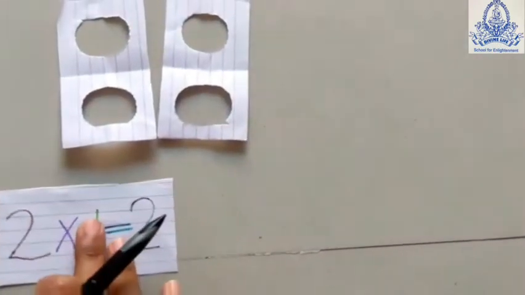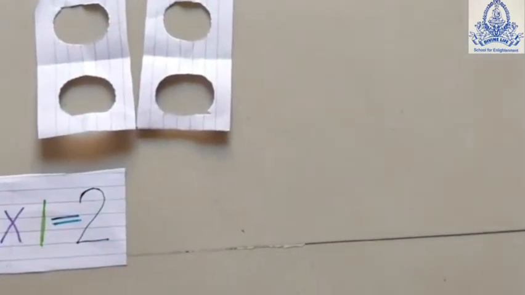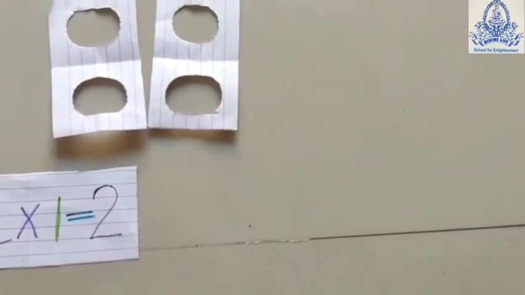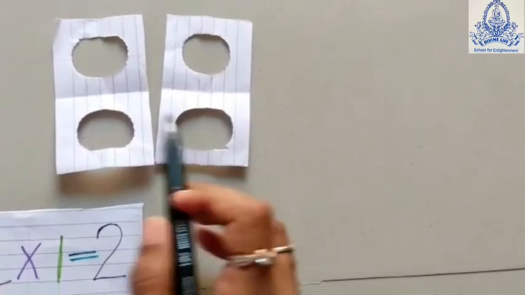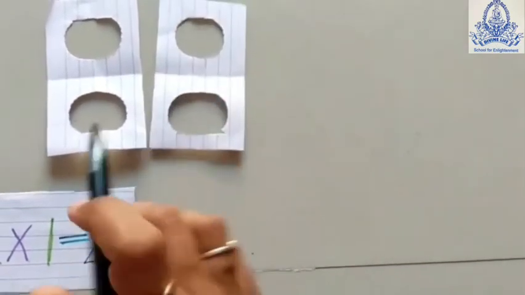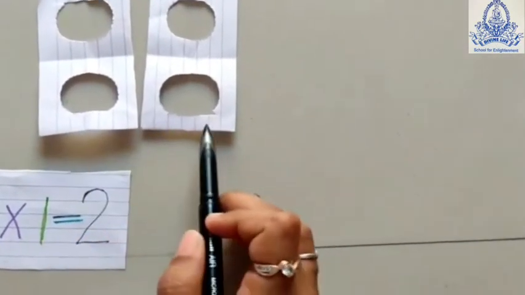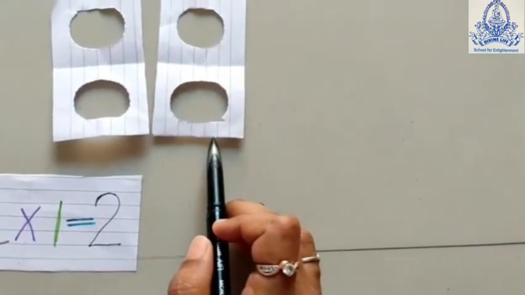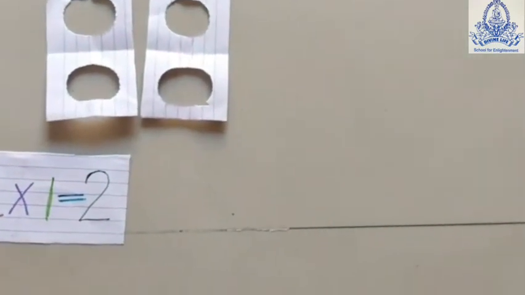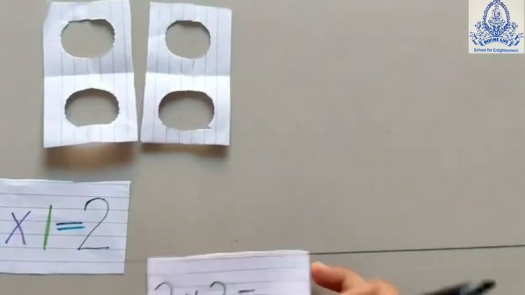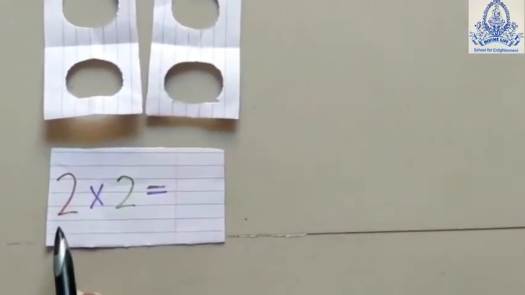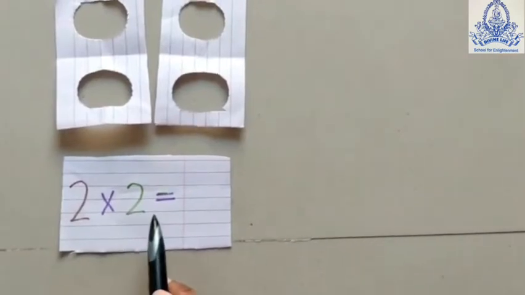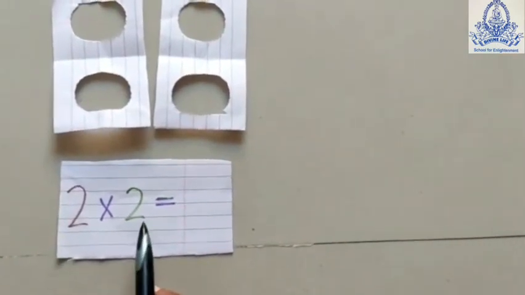Okay. So now the set has increased. This is one set of box and this is 2 sets of box. So it is represented in numbers like 2 multiply 2. 2 2s are.